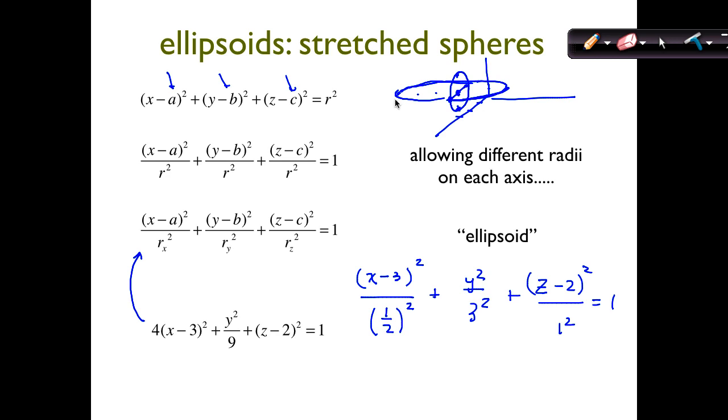Last one, last ellipse, looks like this. So centered at (3, 0, 2), with x-axis radius 1/2, y-axis radius 3, z-axis radius 1. So we got a moved and squished sphere, which is an ellipsoid.